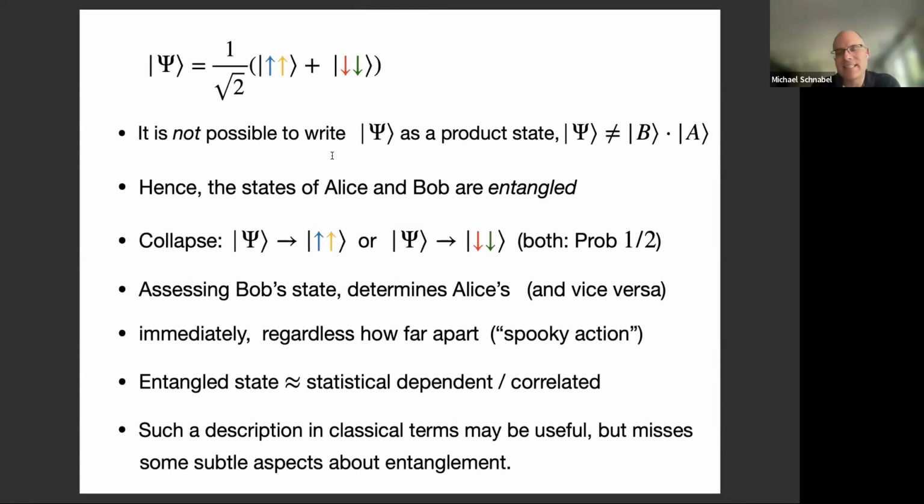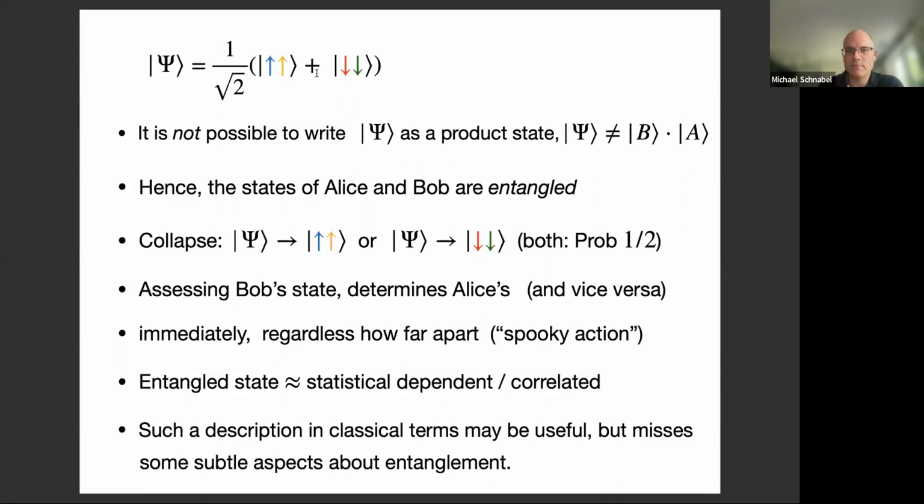It's difficult again, because you could have perfect correlation in a classical system. You could also represent this as a linear superposition of these two, and they are perfectly correlated, that's true.